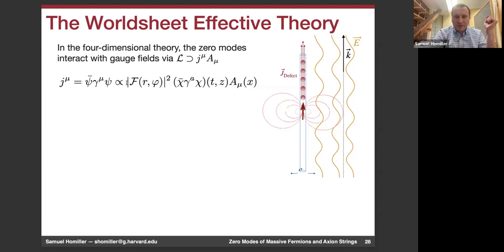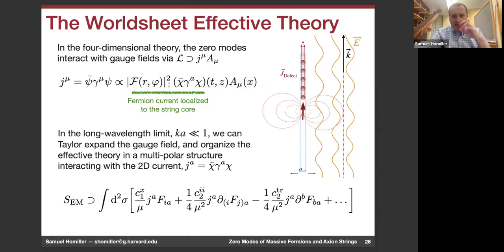But now I plug in these profiles, and here mathcal F is essentially just the big F plus G, et cetera, numerically solved for that I had earlier. And these chi's are 2D fermions that are just localized to the string. So I take my 2-dimensional theory, I'm writing down 2-dimensional fermions, and I just have this profile, 2-dimensional fermions interacting with a 4-dimensional gauge field with this profile.